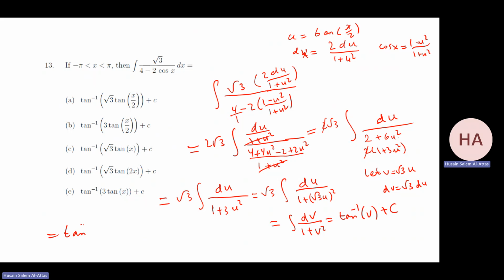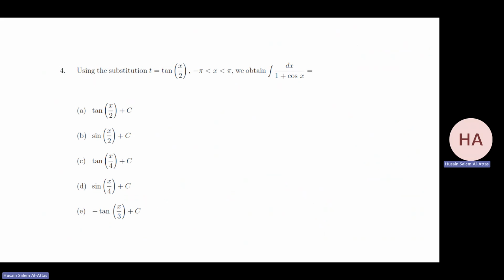Tan inverse, what is v? The square root of 3 u. What is u? Tan x over 2, plus c. Which is this one. Yeah, he wants me to use this because he wrote the answer in terms of that.